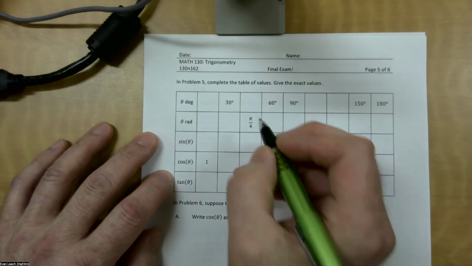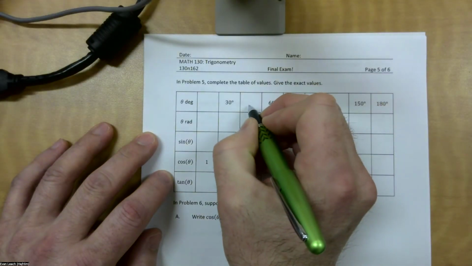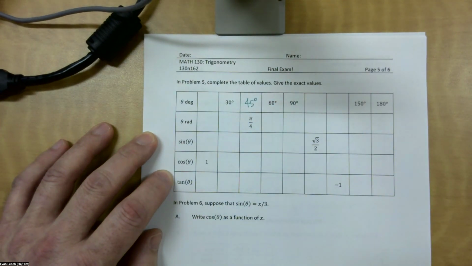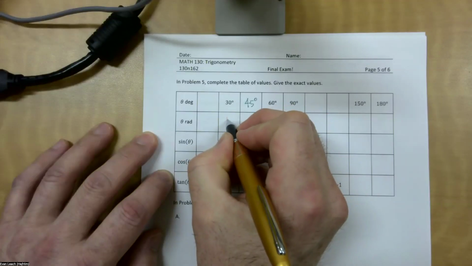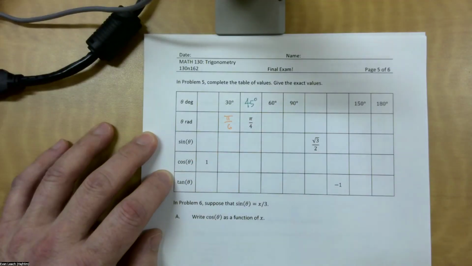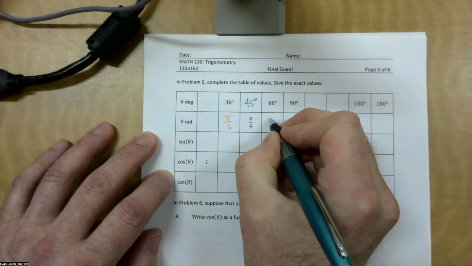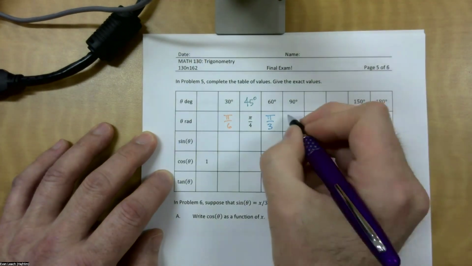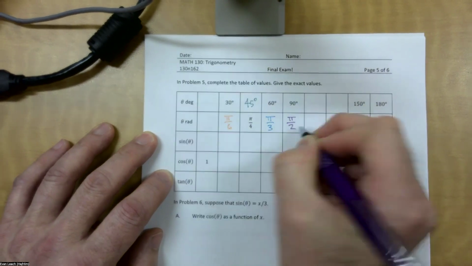So, for example, this pi over 4, we know that pi over 4 is 45 degrees. We can identify 30 degrees as pi over 6 radians. 60 degrees is pi over 3 radians. 90 degrees is pi over 2 radians.